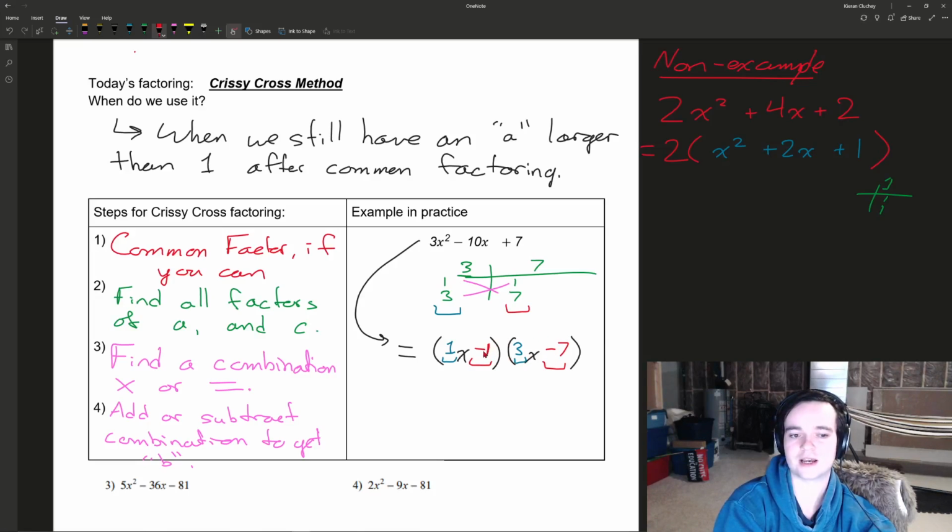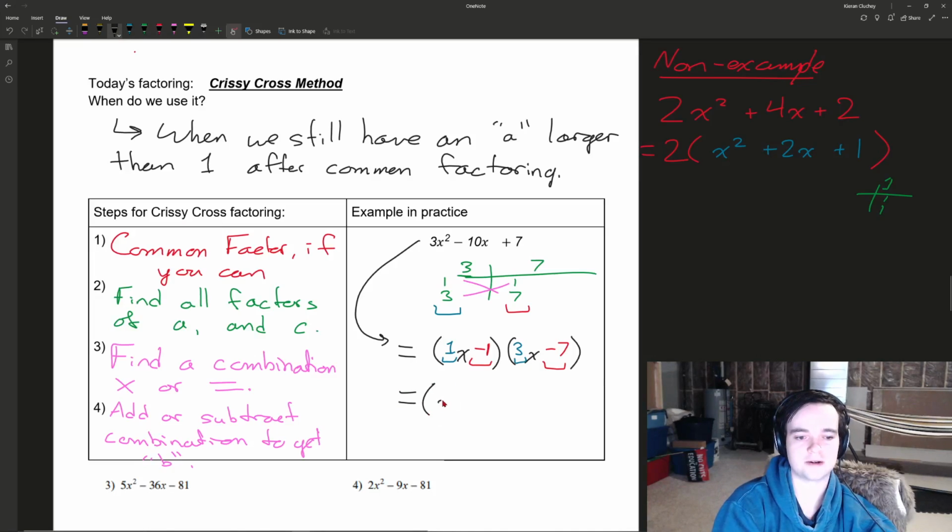That would ensure that I have a positive 7 here when I expand outwards again, and that when I multiply this 3, right, the 3 times the negative 1, I get negative 3, and when I multiply the negative 7 by the 1, I get negative 7, and when you add those together, you get negative 10. Okay? And there we have our factored form.